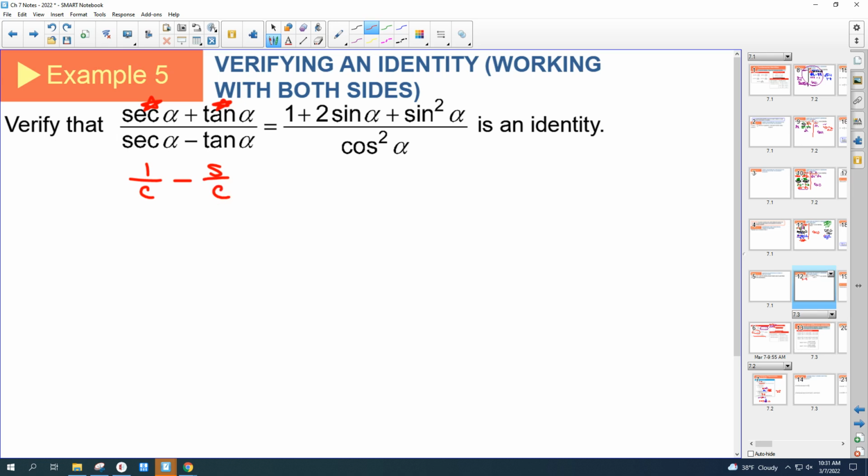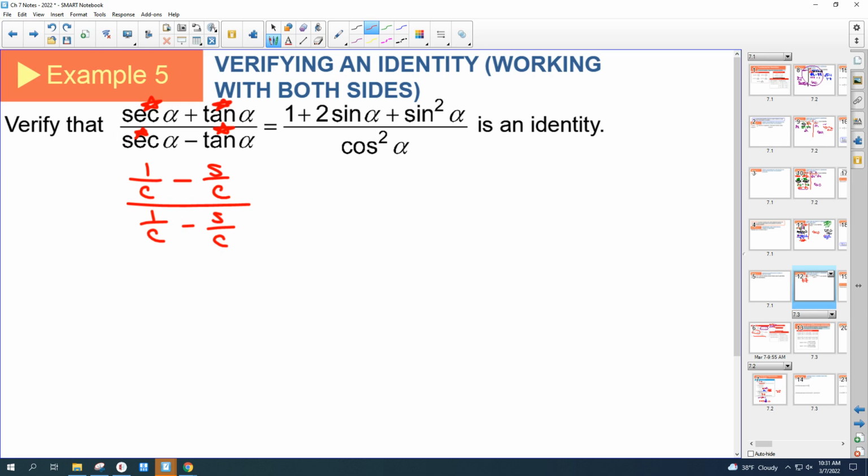I don't know how I feel about code switching like this, but I think it helps you understand the problem a lot better. Over here, I've got another secant, so that means I've got another 1 over cosine. And over here, I've got another tangent, so I'm going to have another sine over cosine. So keep in mind, this is not accurate. This is just the algebra. I really have the trig there that I left out. I'm shortcutting, I guess.